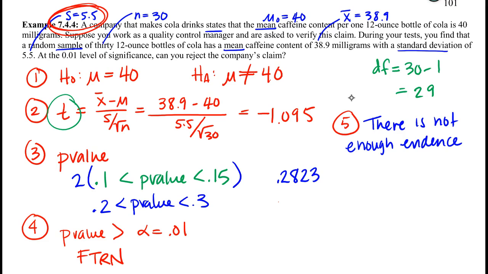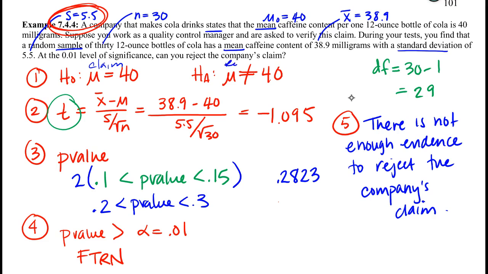And you could write something out that the mean caffeine content in a 12-ounce bottle of cola isn't equal to 40, or to reject the company's claim. And again, if you're going to choose something like this, try to shorten it, and just double check that this is the claim.